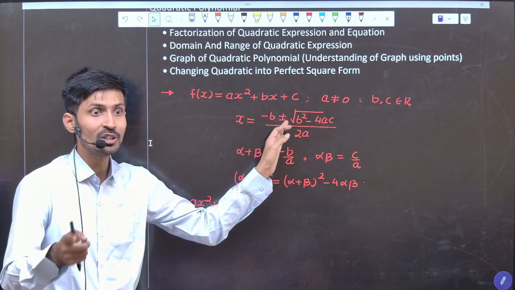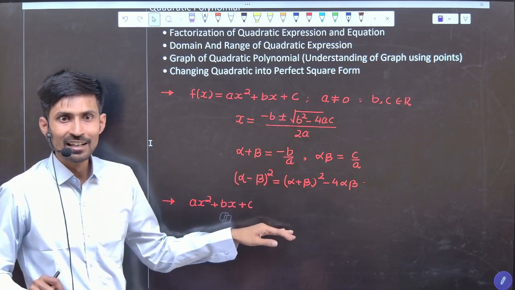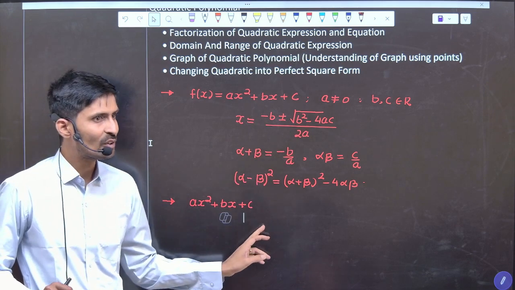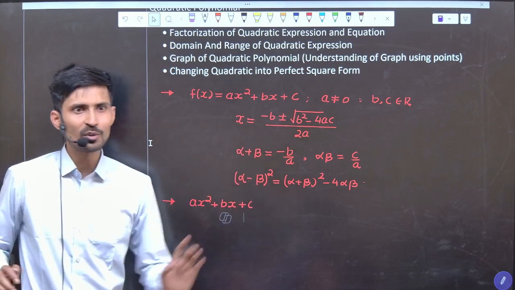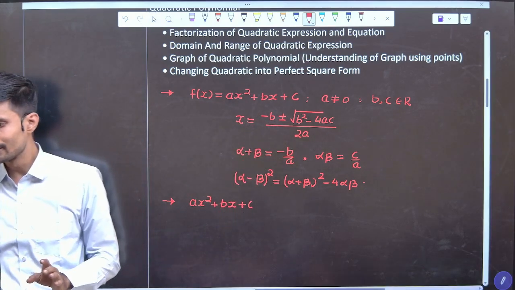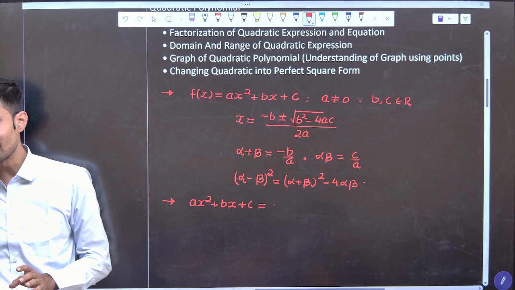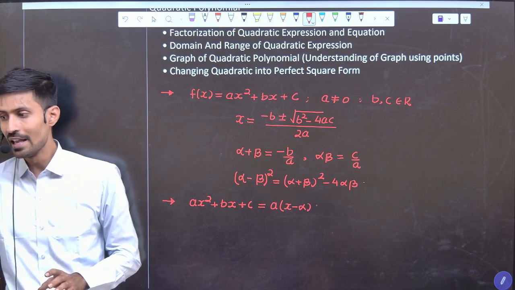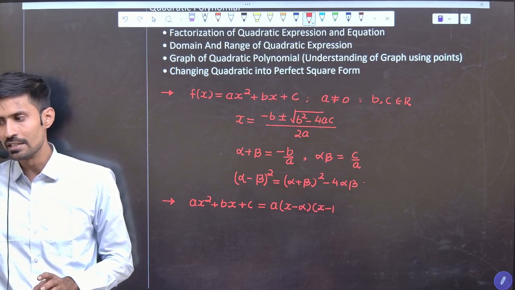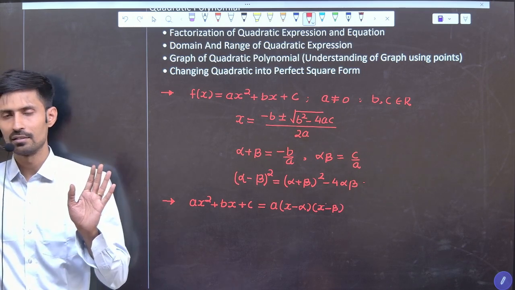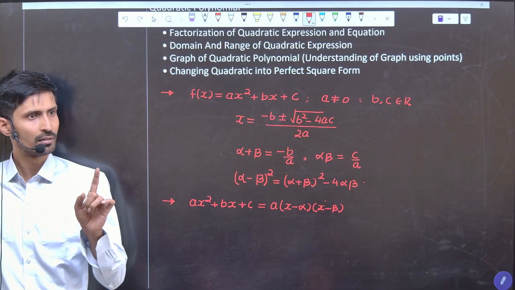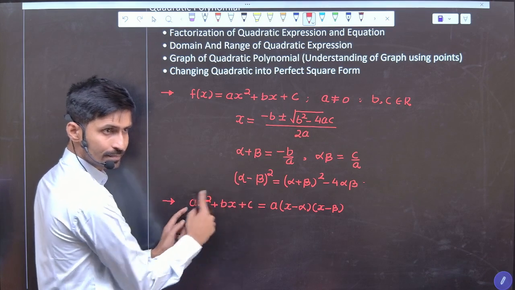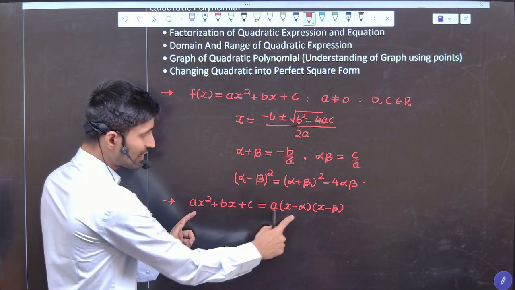We'll find both the roots first. See, the understanding of this is lying in the previous topic. So if you want to factorize, we'll find both the roots, let's say alpha and beta. So we'll write the factorization as a times x minus alpha into x minus beta. This quadratic expression I can write with this.